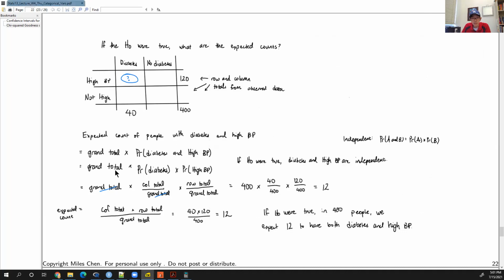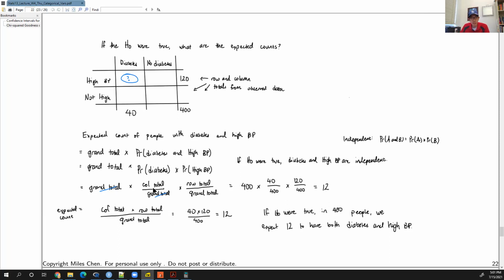If we break down the probability of diabetes as the column total, 40 divided by 400, and the probability of high blood pressure as the row total over the grand total, 120 over 400, we get the same values. 400 times 40 over 400 times 120 over 400 gives 12 as well.